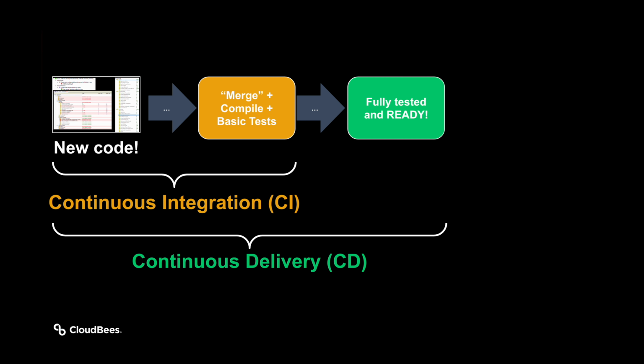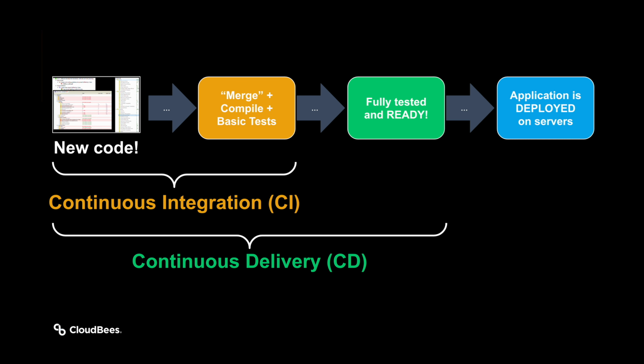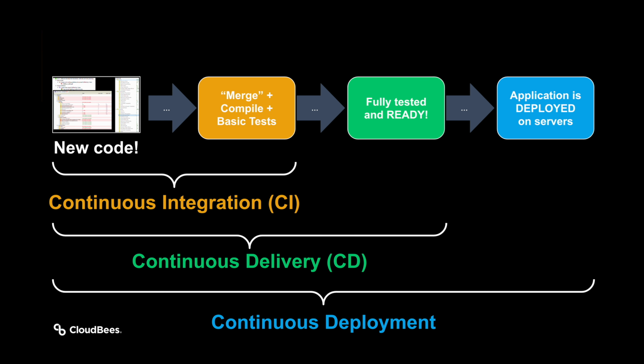And hey, we could call that continuous delivery. And if the software you operate runs in an environment we have full control on, well, it means we could actually automatically and continuously deploy that software anytime a change happens. And we could call that continuous deployment.